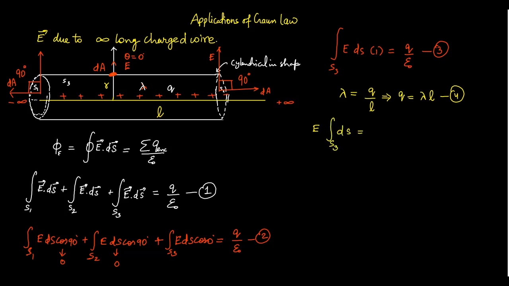Integration of ds, Q equals lambda into L. Now integration of ds for S3 surface, that is the curved surface area, which is 2 pi r L.